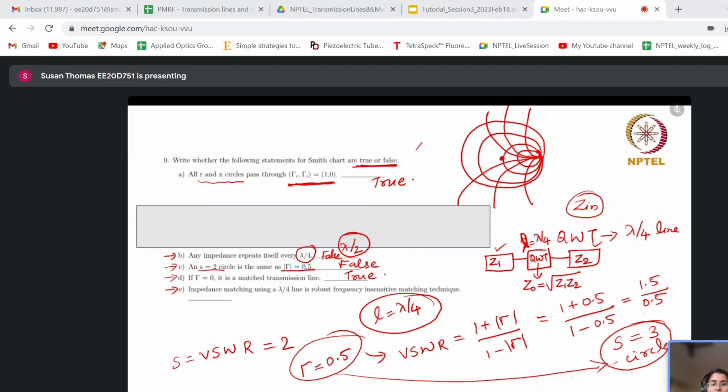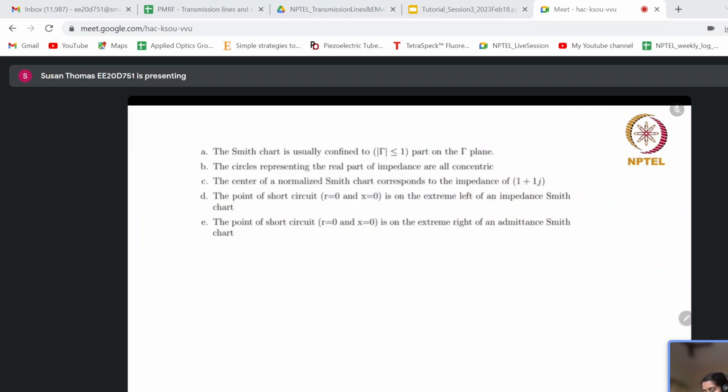So impedance matching using a quarter wave transformer is a frequency sensitive matching technique, which is why it is not a very helpful or robust technique. So this is a false statement. Now let's move on to the next question.